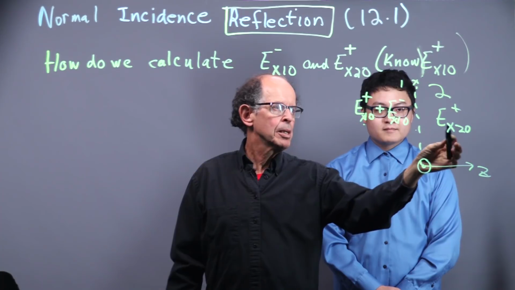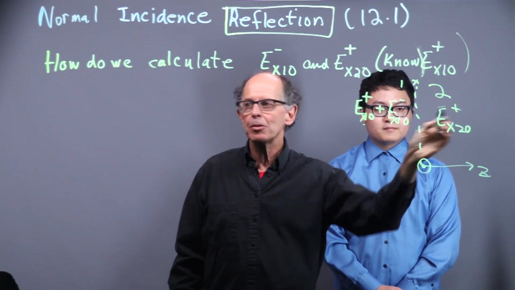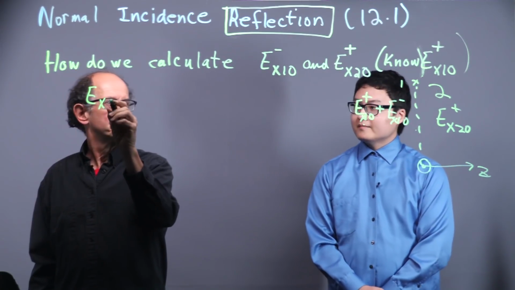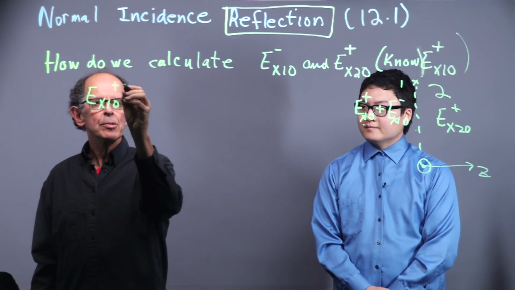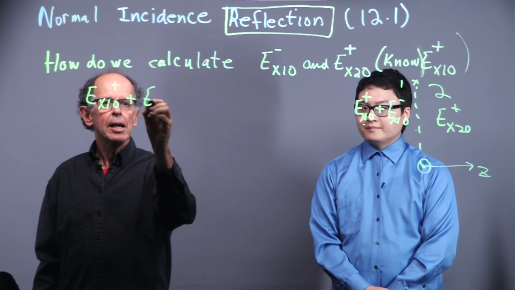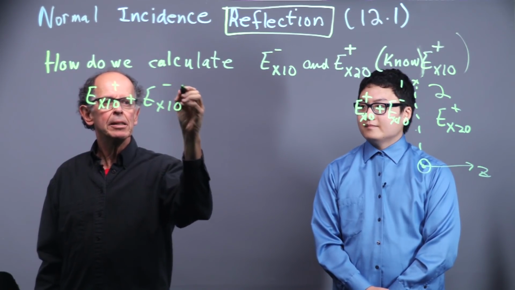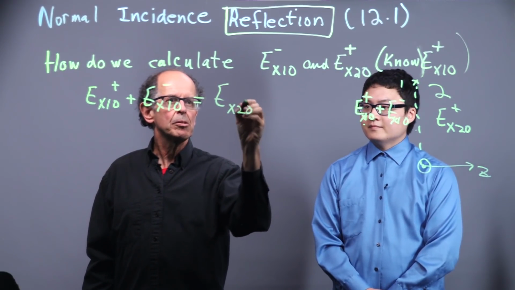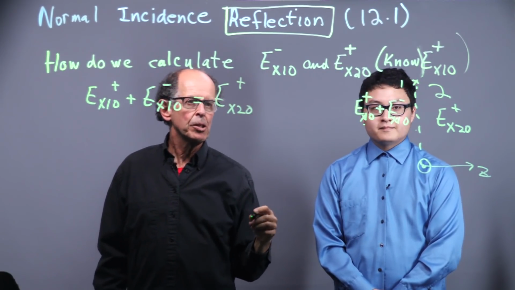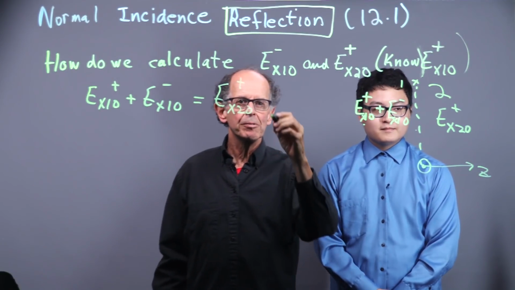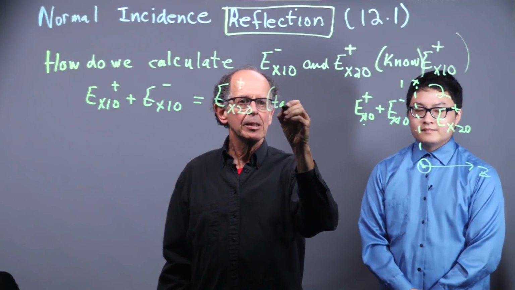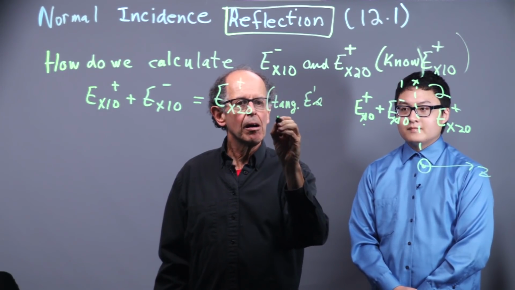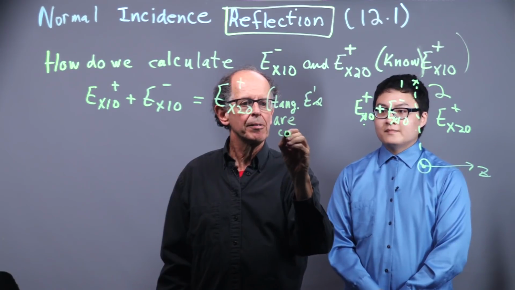Therefore, this sum has to be equal to what's on the other side, and that gives us the first condition: E_x10 plus plus E_x10 minus equals E_x20 plus. So that's tangential components of the electric field, and I'll call that tangential E's, and they are continuous on the boundary.